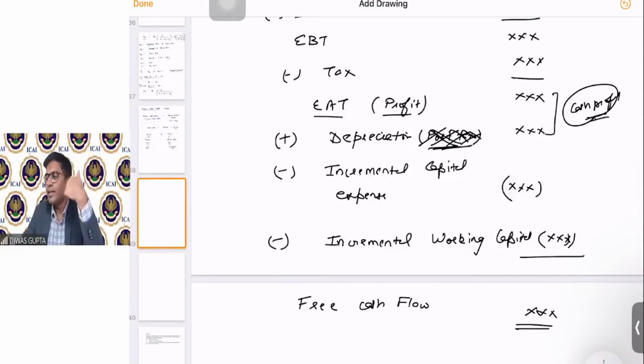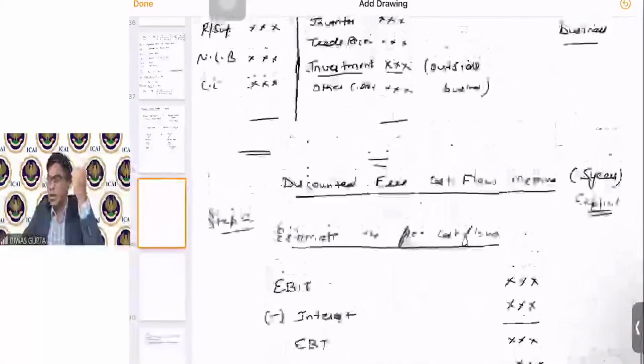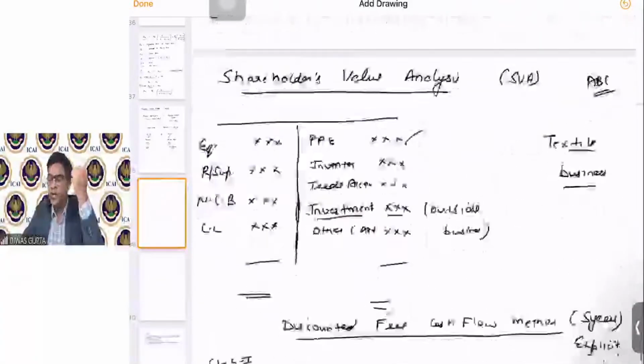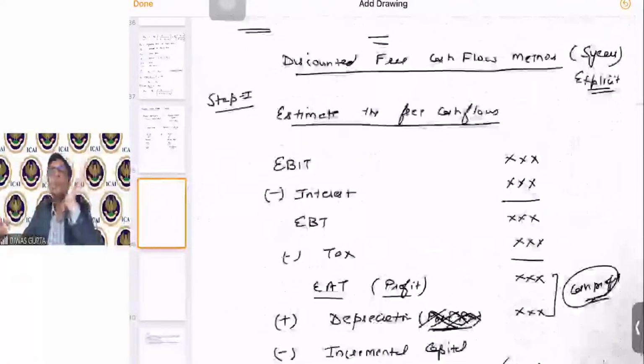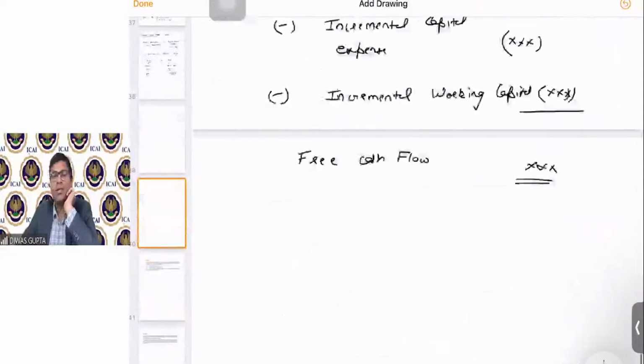Then you will arrive at the free cash flows, right? Perfect. You will arrive at the free cash flows. This is the standard calculation, not only for SVA, shareholder value analysis, but for any free cash flow method also. If you are applying a free cash flow method as well, then you will do the same calculation, students.